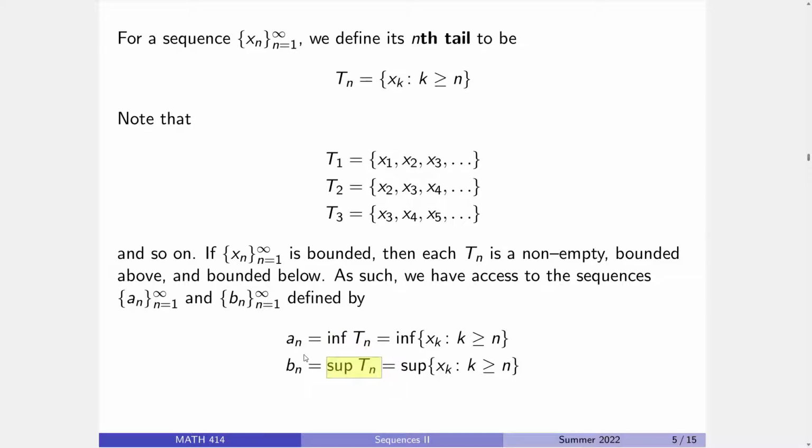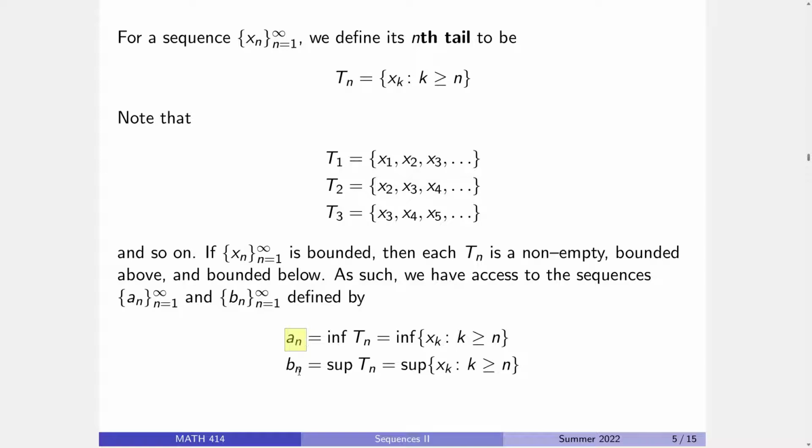And we can generate these sequences, and I've never seen a good notation for these other than A sub n and B sub n, which are very generic. But yeah, I don't know of a better notation. Maybe an x sub n with a down arrow and an up arrow or something. I don't know.